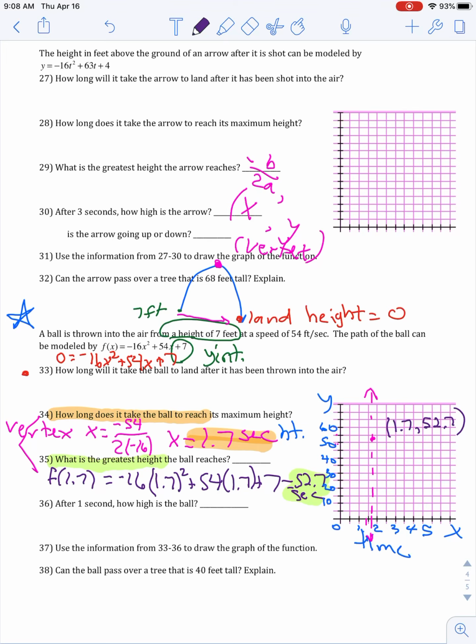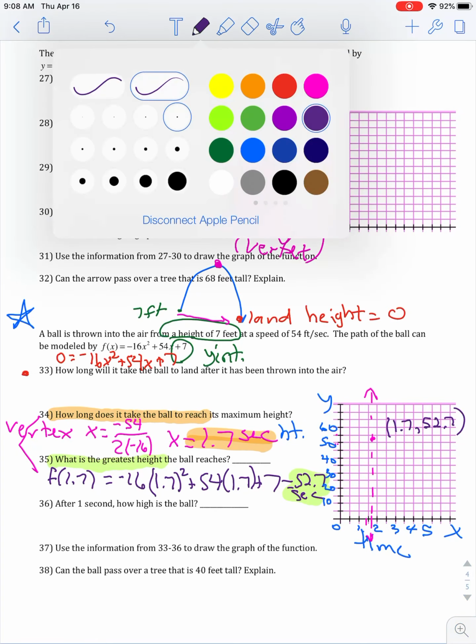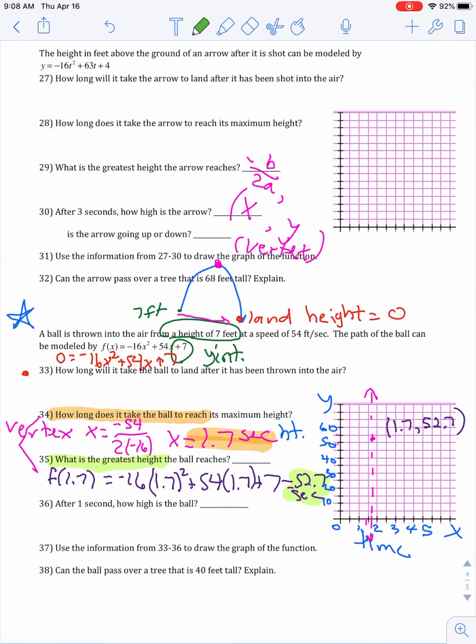So I've answered two of the questions: how long it takes to get to that maximum height, which is the time, 1.7 seconds, and how high the maximum height is, 52.7. Now let's figure out how high the ball is after 1 second. We know at 1.7 seconds it's at its maximum height, but what about at 1 second? Let's find the height when our x value is 1.